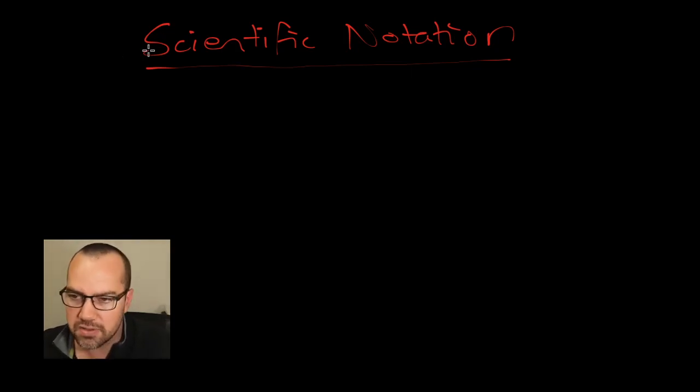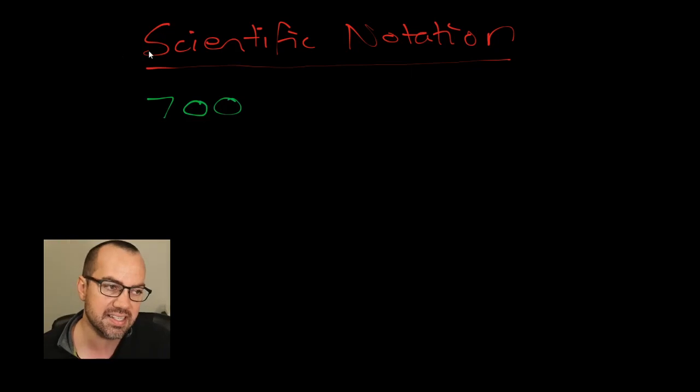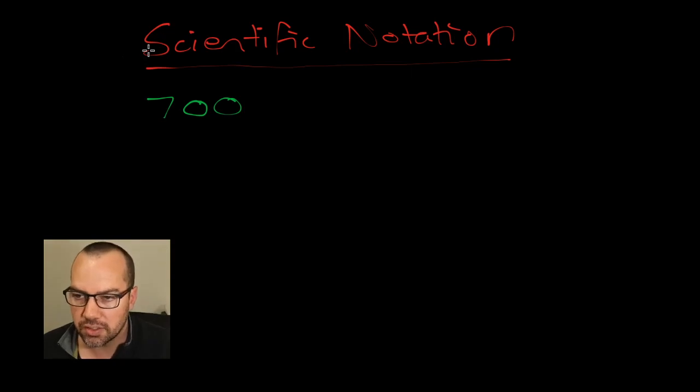And I want to start with just a smaller example. When we change a regular number, which is usually rounded off or ends in a lot of zeros, into scientific notation, we move the decimal place up until it is a one-digit number. So in this case, our number is 7.